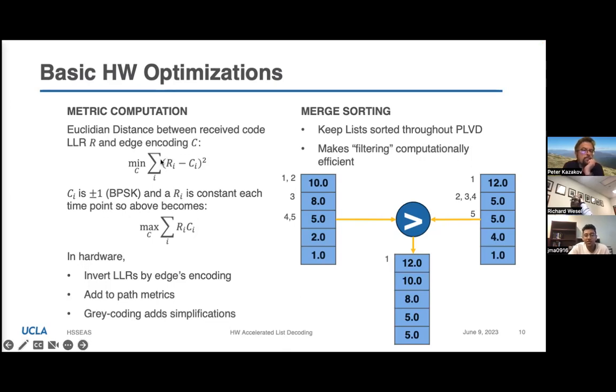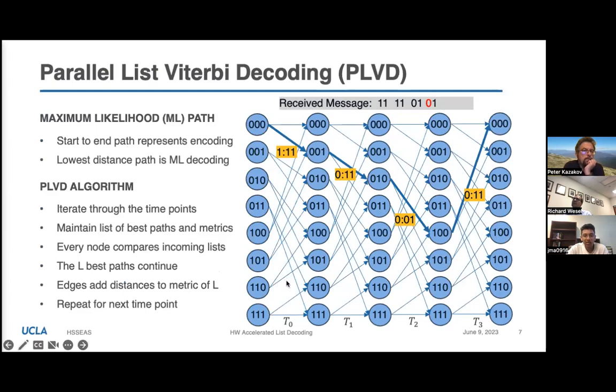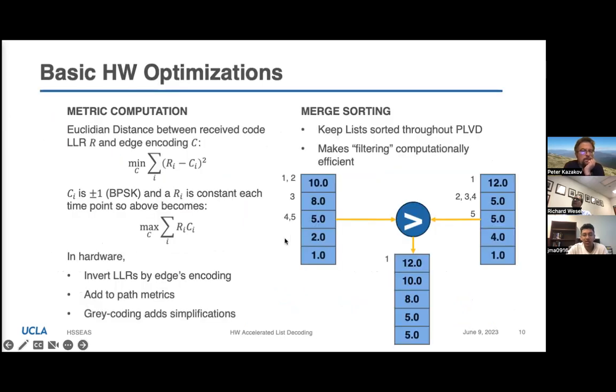We choose the metric to compare those two to be Euclidean distance, and that can be simplified since our encodings are always plus or minus 1, because we're assuming that we're modulating with BPSK. Since our log likelihood ratios are always the same at each time point, because the received message doesn't change, that part of the calculation is also simplified, because it's constant.